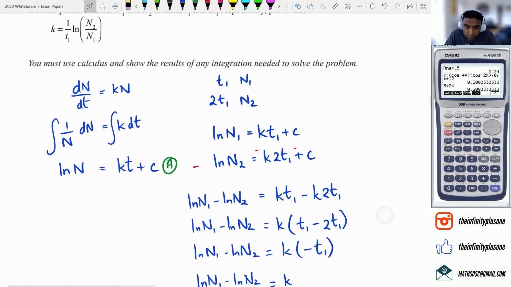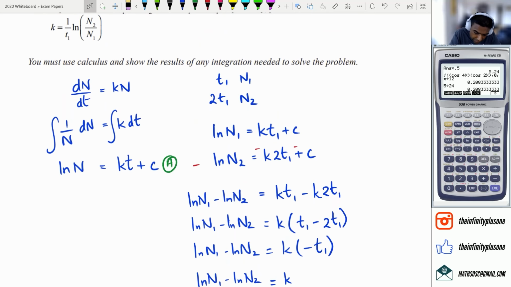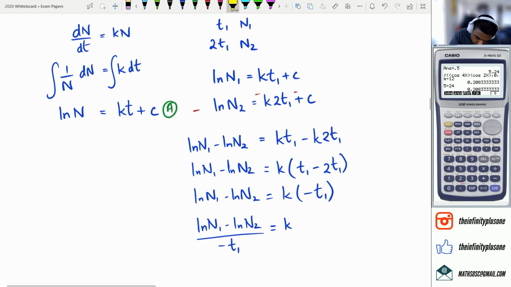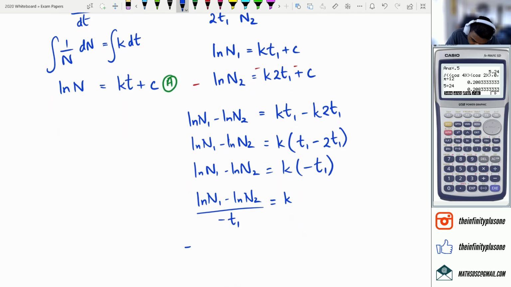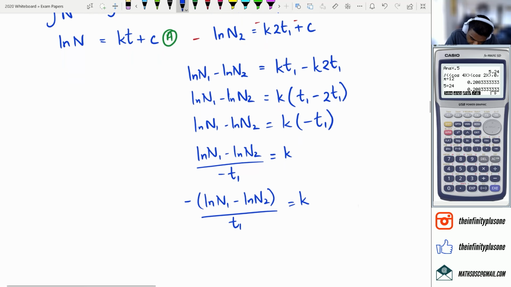But if I go back to the proof, you can see that t1 has to be positive. So what I could do is take the negative to the numerator, and it becomes ln of n1 minus ln of n2 divided by t1 equals k.